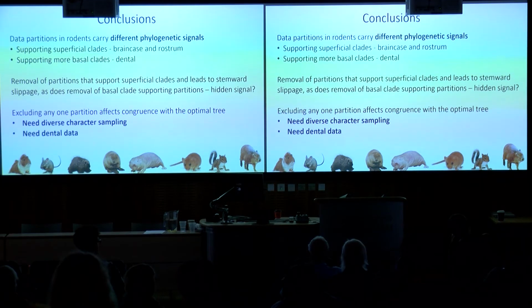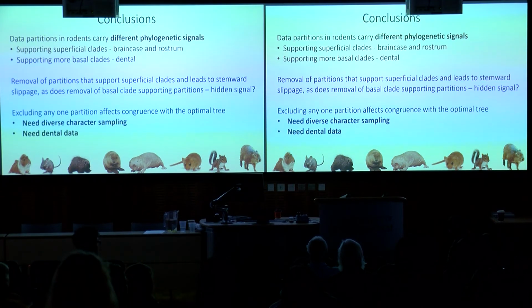And of course, if you remove the partitions that support superficial clades, then the taxa move down the tree, as in stemward slippage. But this also happens when you exclude partitions which support more basal clades. So perhaps there is some hidden signal within these partitions to support clades of various depths.